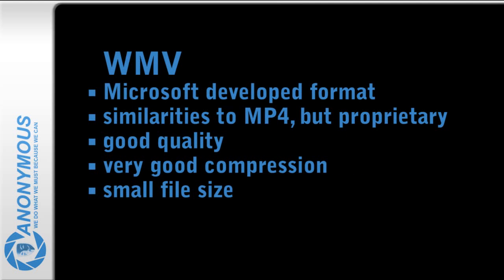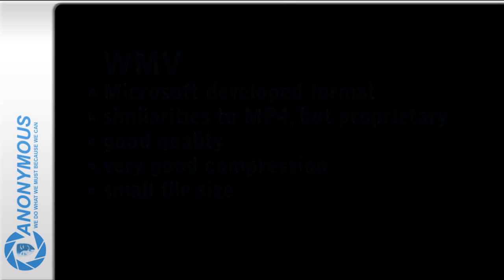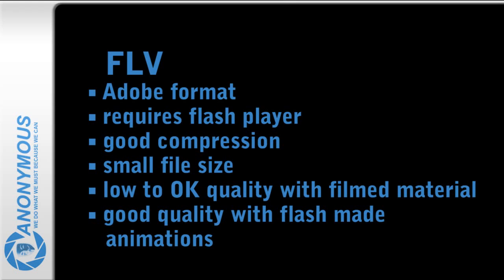WMV is another format developed by Microsoft and also has similarities to MP4, but only proprietary. Due to the very good compression, the quality is good while the file size is small. FLV. Developed by Adobe, this format requires the Flash player.